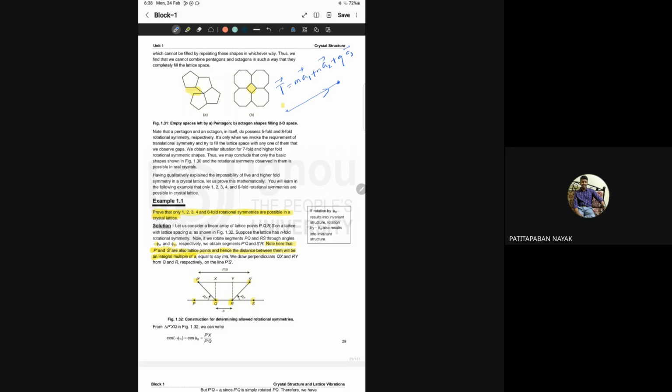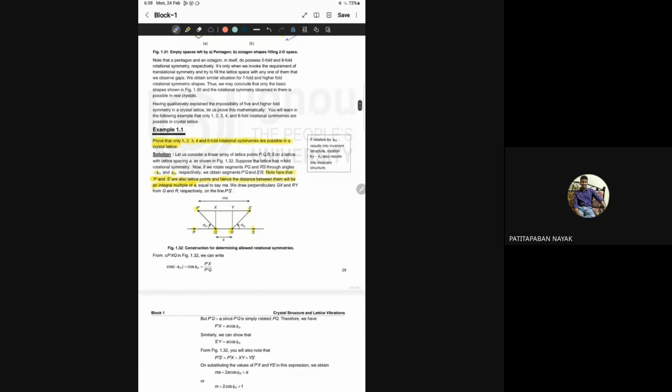So using that fact, it is telling you that if we have PQRS four lattice points and somehow we try to rotate PQ by an angle minus phi n and RS by an angle phi n, and we get new points P prime and S prime.